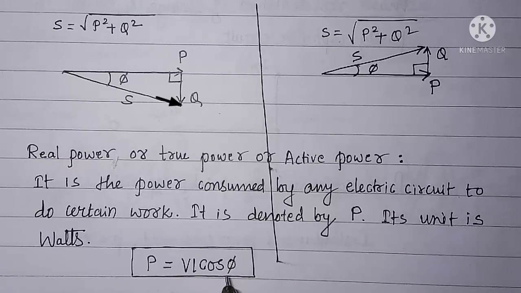In case of purely resistive circuit, cos phi is 1, therefore power will be equal to V into I. And in case of resistive and inductive circuit, cos phi value will be less than 1. So, real power or true power or active power in inductive or capacitive circuit will be less than product of Vrms and Irms.